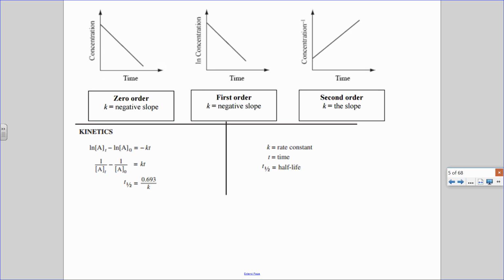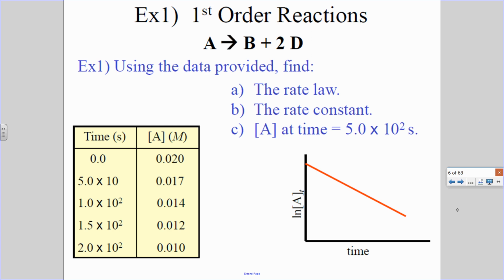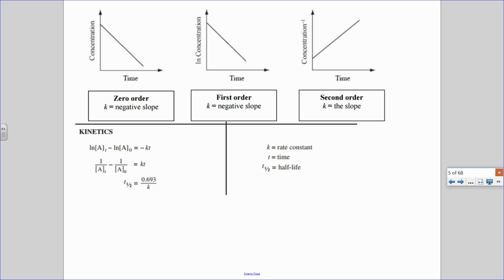Let's go ahead and talk about that now. We'll get to second orders in just a second, but you do have to know these three graphs. You also have to do some calculations with these equations, but you have to know these graphs. If you have plain old concentration, just whatever the molarity is, versus time, and it's a straight line, then it's 0 order.